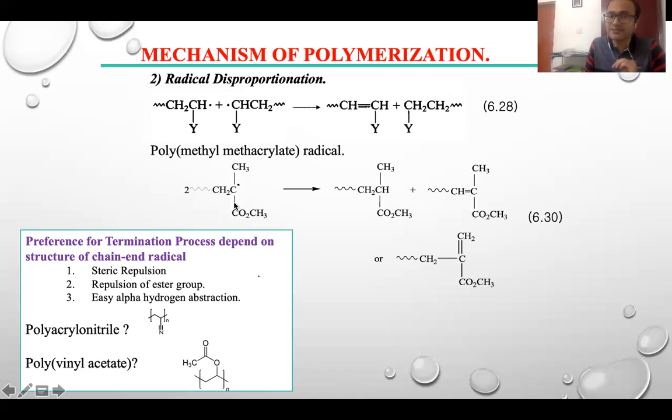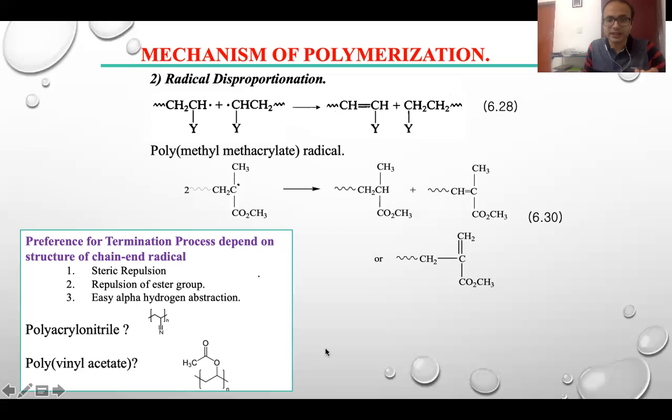So if you have an ester group present, they also less prefer to undergo recombination, but they will prefer to undergo a disproportionation reaction via alpha hydrogen abstraction. And then another thing is the ease with which alpha hydrogen abstraction can take place. If it is easy to abstract an alpha hydrogen, they would prefer to undergo a disproportionation reaction. Okay, so it all depends upon these three factors.